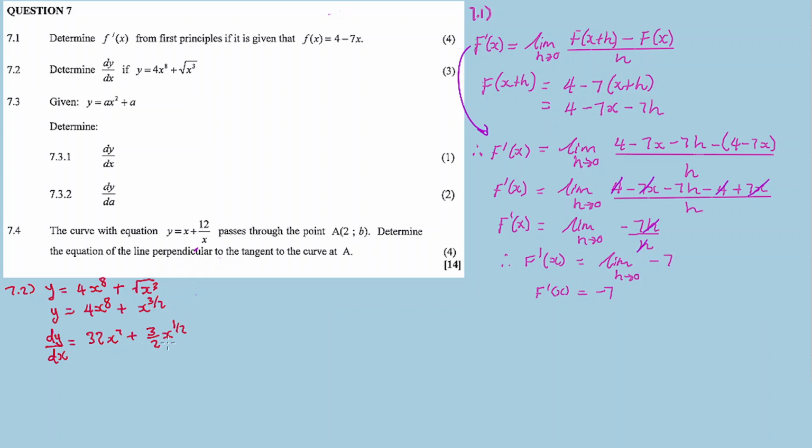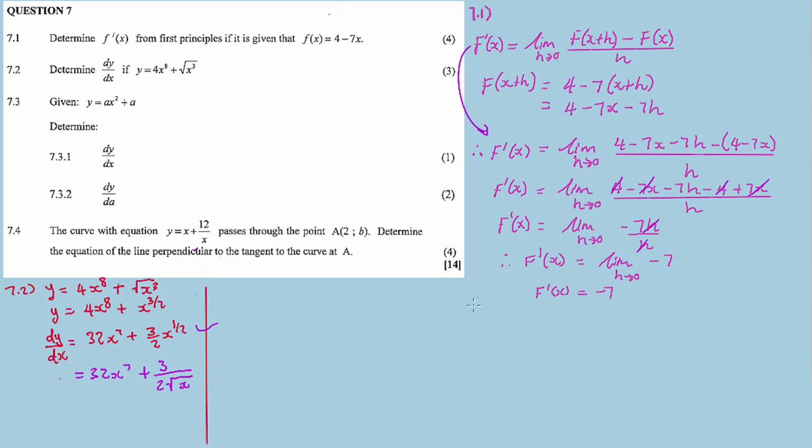So now I answer it together. Or I can take it a step further and say it is equal to 32x to the 7 plus 3 divided by 2 times the square root of x. I took it a step further, expressing it this way, but it's still fine if you leave it here.